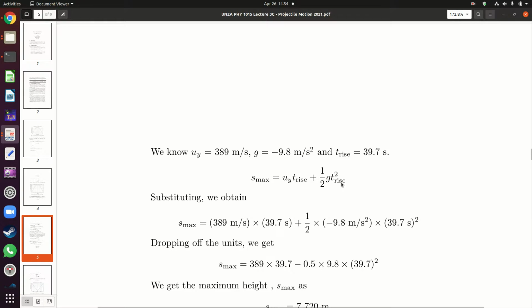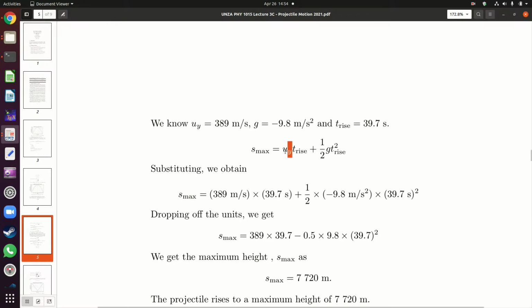The u_y is the initial velocity in the y direction, which is 389 meters per second, multiplied by t rise, which you have found as 39.7, then plus half, then the g, which, since we're going up, is going to be negative. The g is going to cause the velocity of the projectile to become 0, so it has to be negative. So minus 9.8, multiplied by t rise squared.